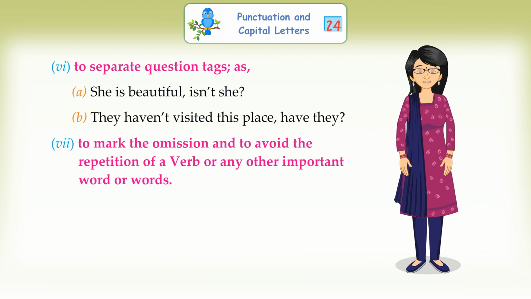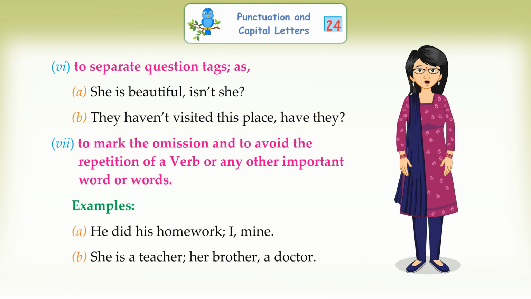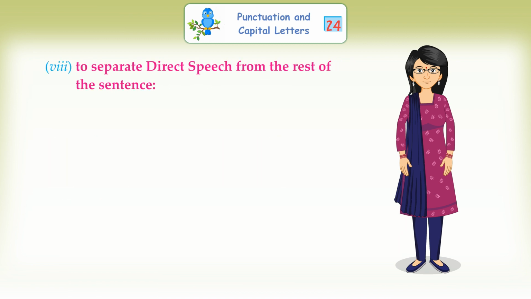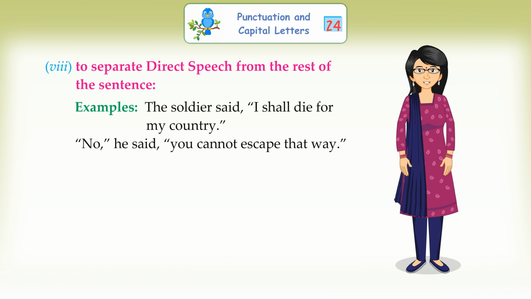To mark the omission and to avoid the repetition of a verb or any other important word or words. Examples: He did his homework, I mine. She is a teacher, her brother a doctor. To separate direct speech from the rest of the sentence.